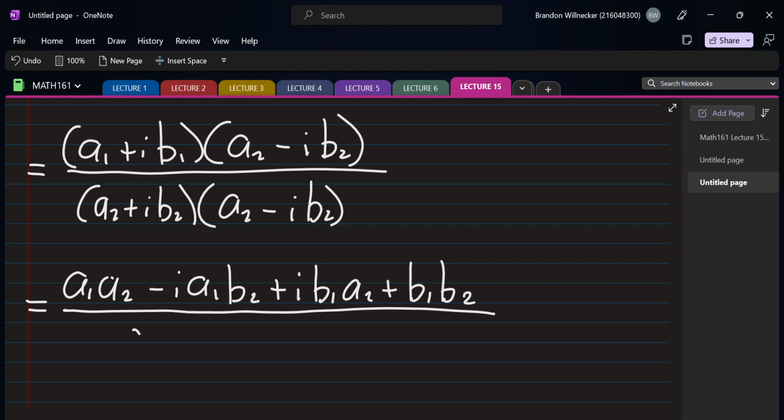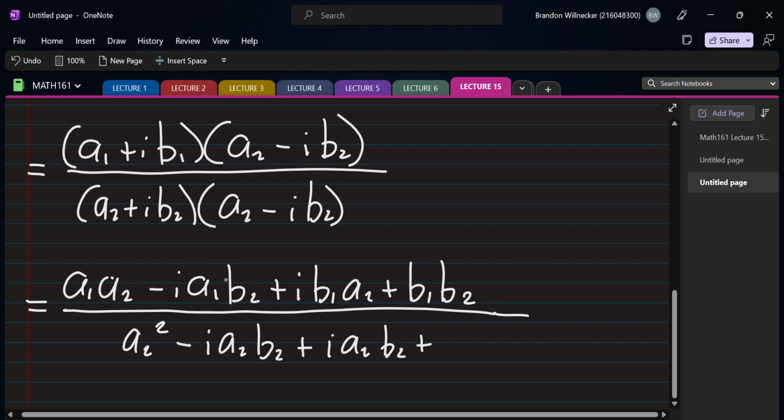Okay, all divided by a2 times a2, it's a2 squared, minus i a2 b2, plus i a2 b2, and then again we have minus i squared b2 squared, so the i squared is the minus 1, so minus minus 1 is plus 1, so plus b2 squared.